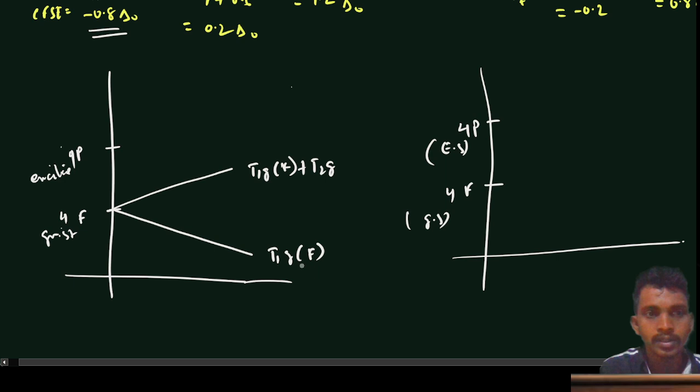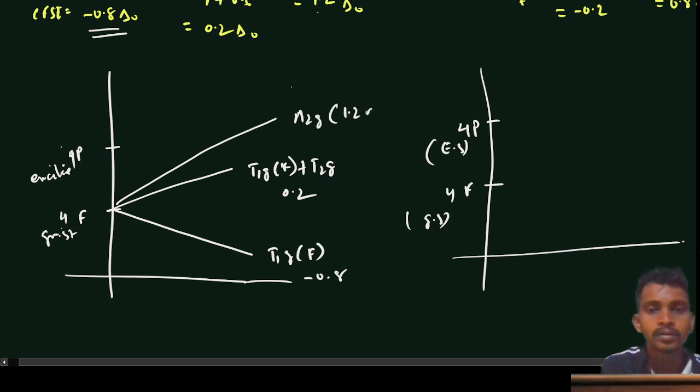Okay, and its value is minus 0.8, and its value is 0.2. Okay, now these values, that is A2g, that value will be A2g, this is 1.2 delta naught.